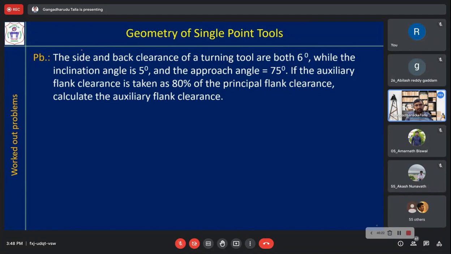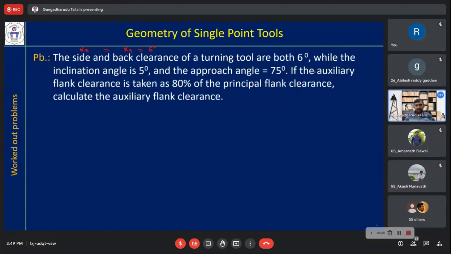What is the symbol? Side clearance angle, alpha x. Back clearance, alpha y. So alpha x is equal to alpha y is equal to 6 degree.